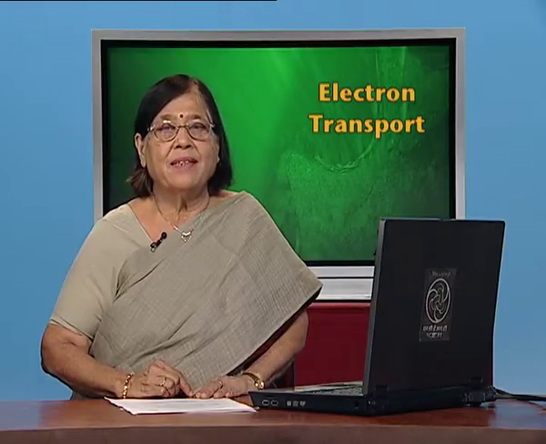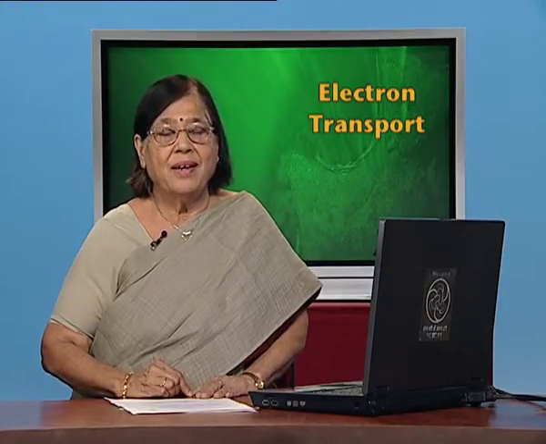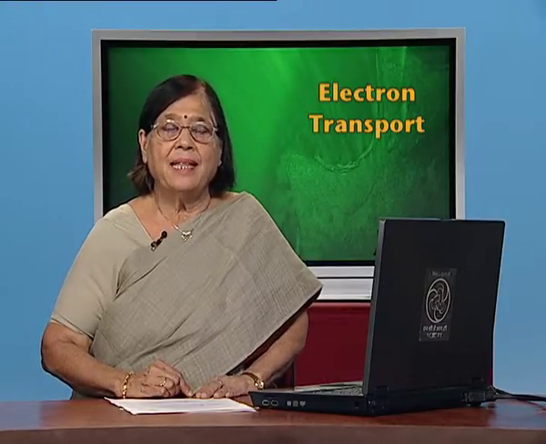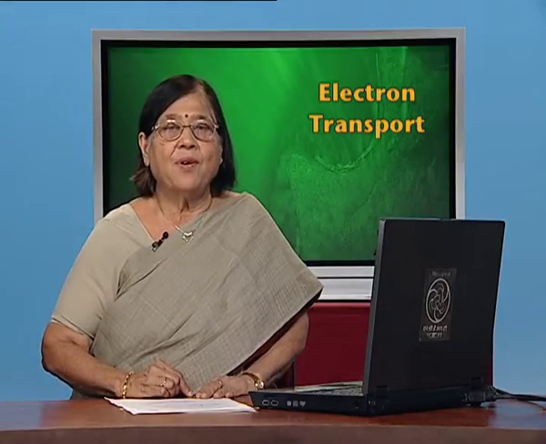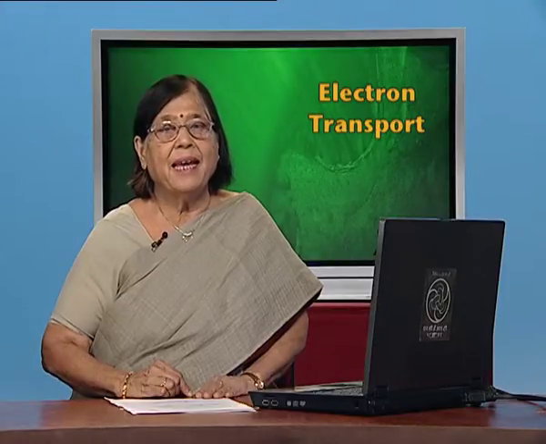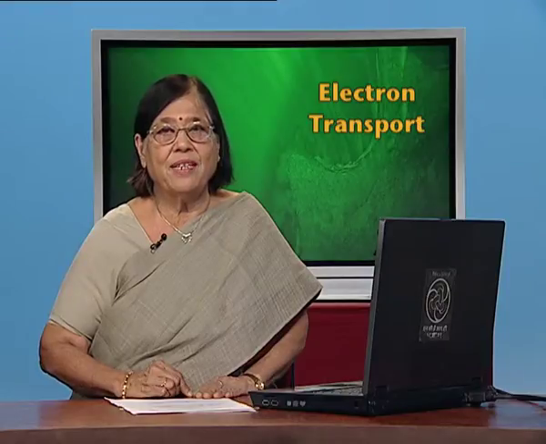Also, we have discussed the chemiosmotic hypothesis and the dark reaction, for which the products of the light reaction are important, and then we also discussed the factors affecting photosynthesis, like water, carbon dioxide, light, and the law of limiting factor. With this, we come to the end of this session. Thank you.